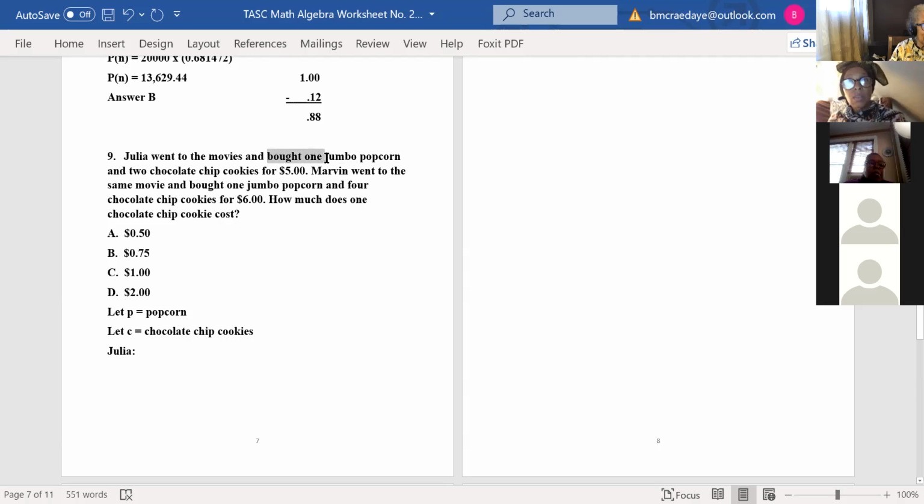Julia bought one jumbo popcorn and 2 chips for $5. So tell me what that would look like in math. One popcorn and 2 chocolate chips for $5. How would I write that as an equation, Mercedes?